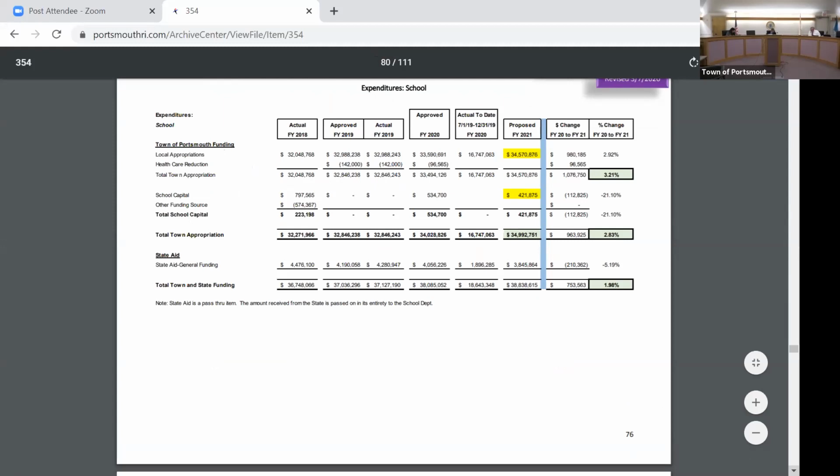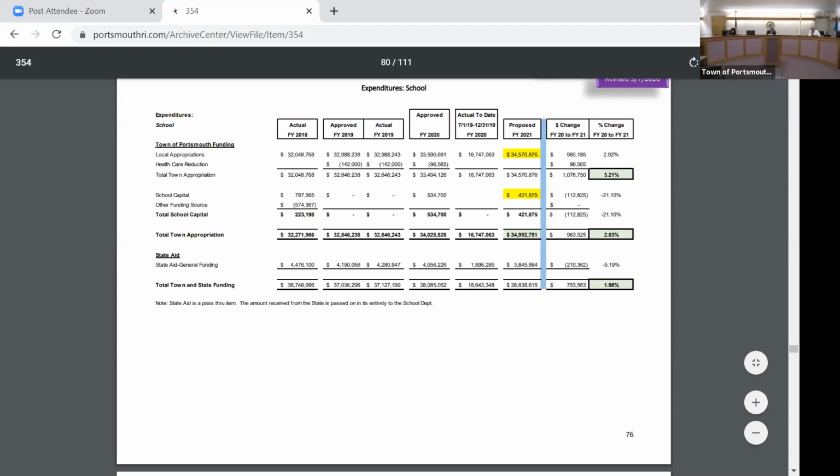The recommended local appropriation has been revised from $34,675,876 to $34,570,876. The recommended appropriation for school capital has been revised from $514,000 to $421,874.